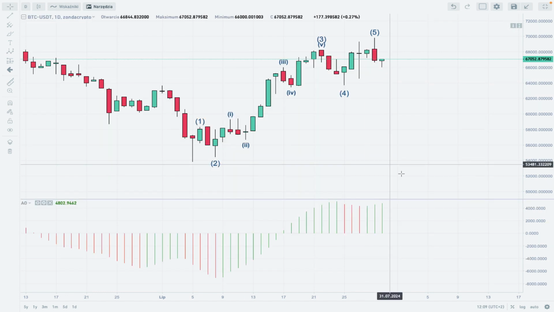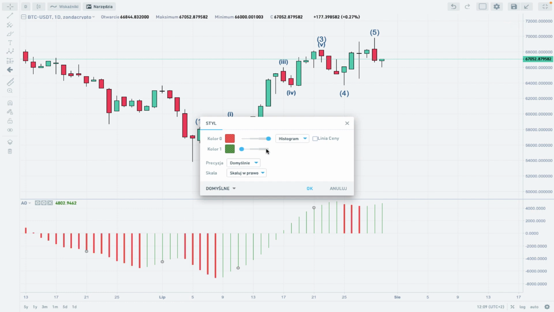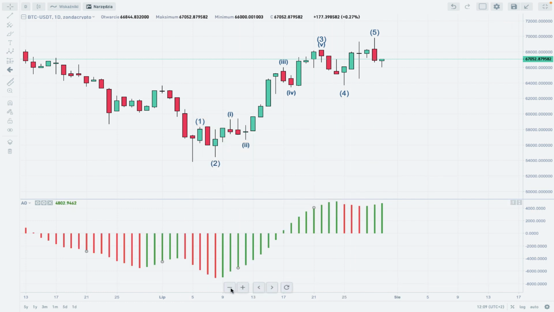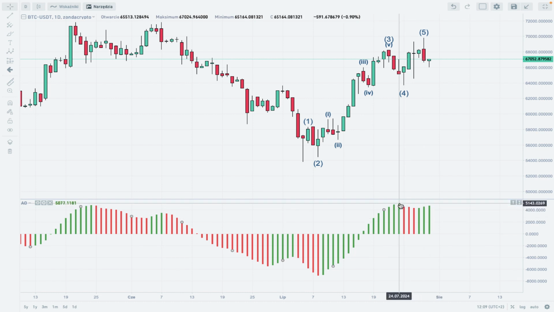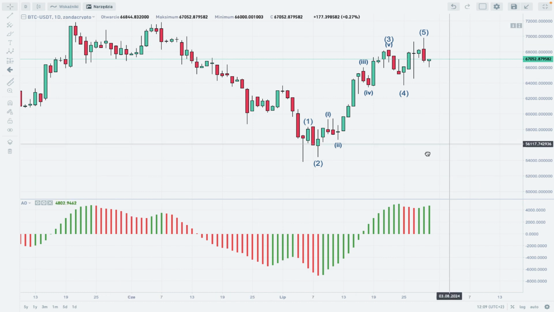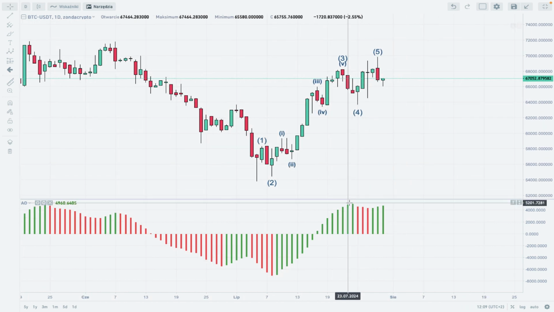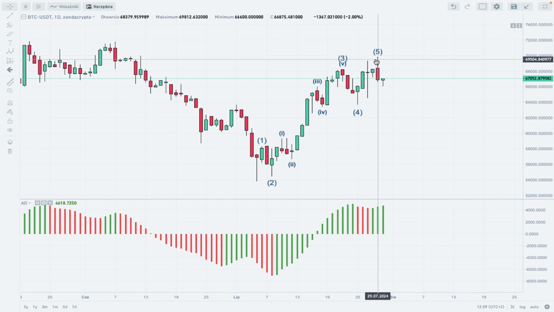There you go. And as you can see, if we apply our oscillator to the chart, we can see that there is some sort of divergence here between wave 3 and wave 5, but it's very little. Right, it very often cannot be spotted right away, but it is here. So we can assume that the wave 5 top at the level of 69,812 has been finished.